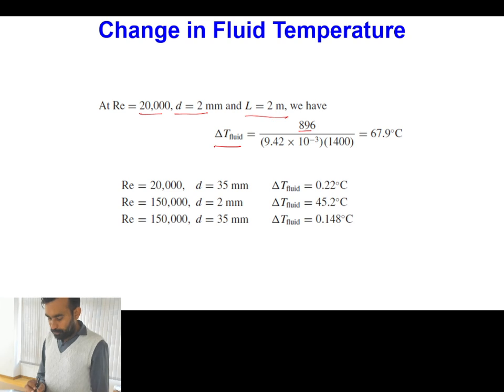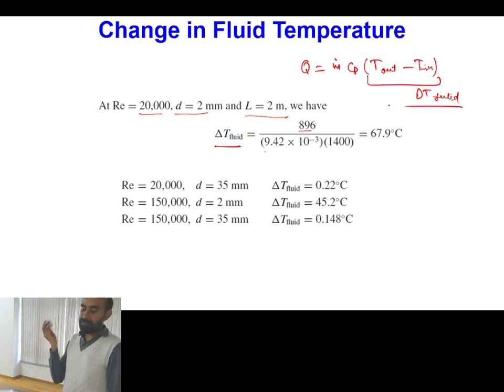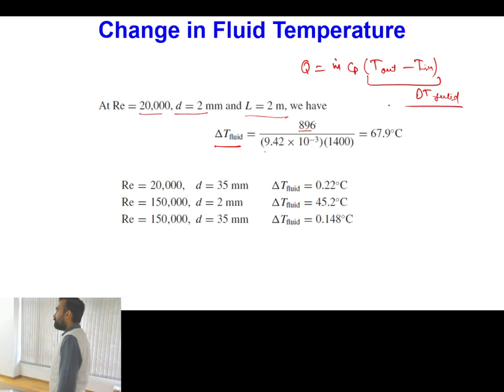If we do so, delta T fluid comes out to be power divided by, how will we be calculating, please tell me. Q will be equal to mass flow rate of the refrigerant times Cp times (T out minus T in). So this is the delta T fluid, and Cp is given in the data.